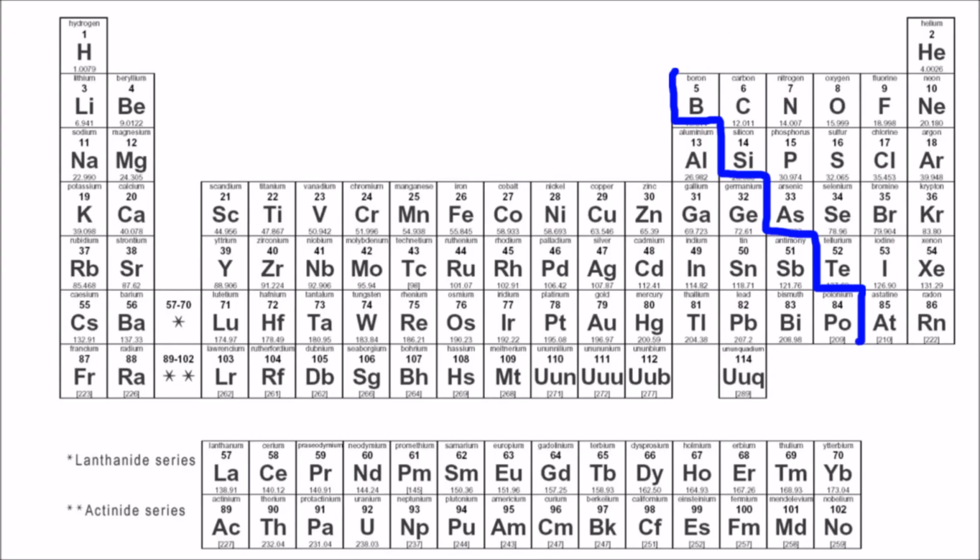Alright, we've already seen this picture. We talked about it. We said everything to the left of this stair-step line here was a metal, except for hydrogen. And all the stuff over here to the right of the stair-step line was a non-metal.